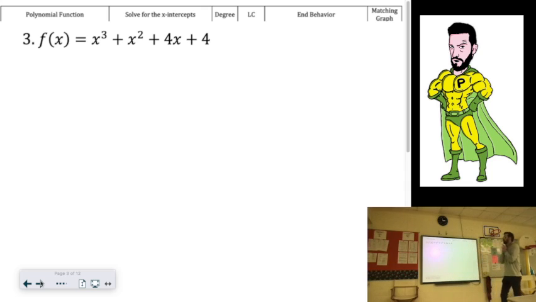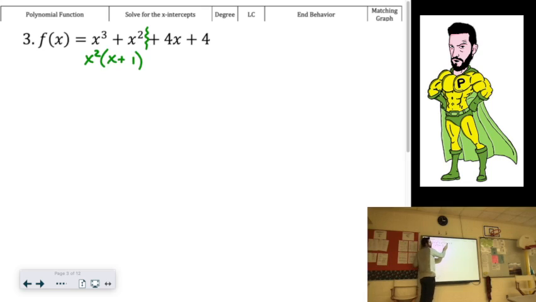Oh boy, wow, I have 4 terms. We could do some synthetic division to find a 0, but let's see if we can factor this one by grouping. That's easier for me. So the left 2 terms have an x² in common, which when we factor out x², it leaves us with x plus 1.